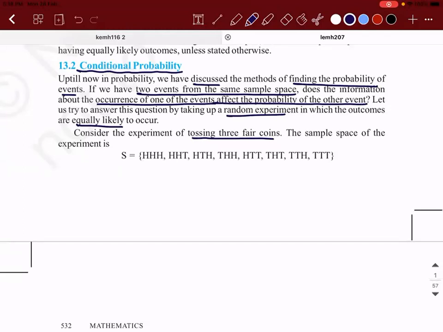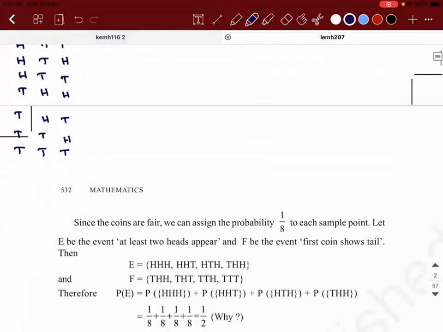You can write HHH, HHT, HTH, HTT, THH, THT, TTH, TTT. So this is going to be the sample space.